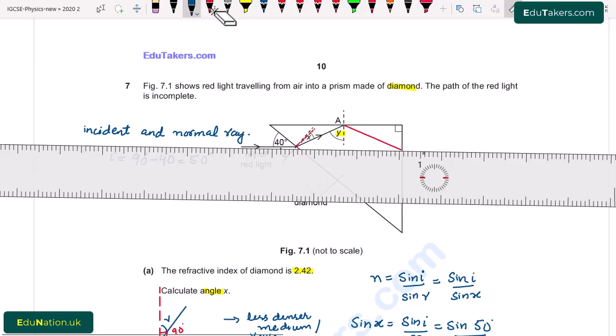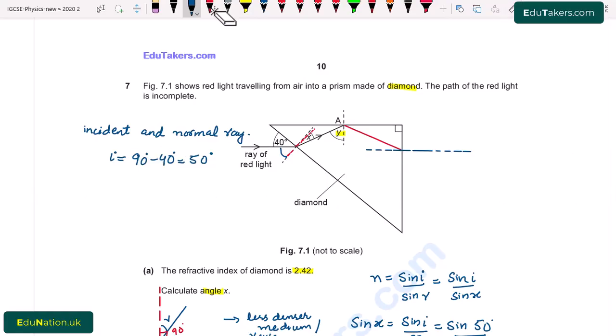At this point I am trying to draw the normal line. And we know that outside is not a denser medium. It's air, simply a very lightly dense medium. So there will be no total internal reflection, there is just refraction.